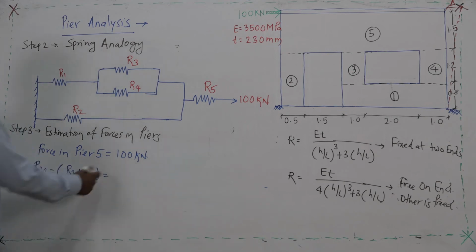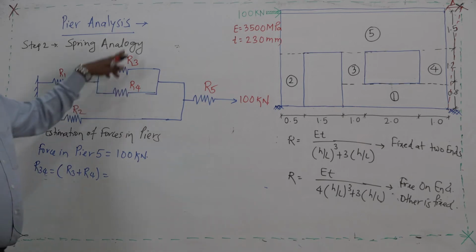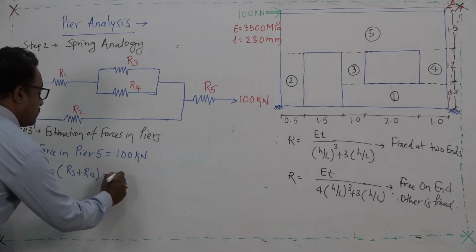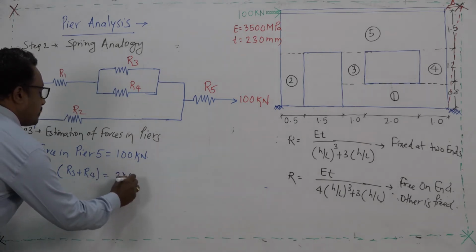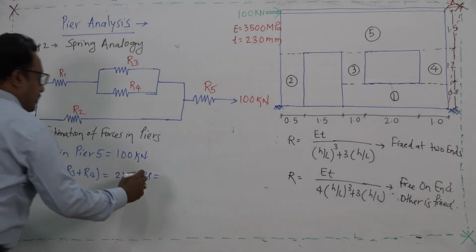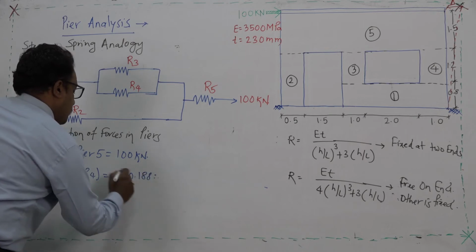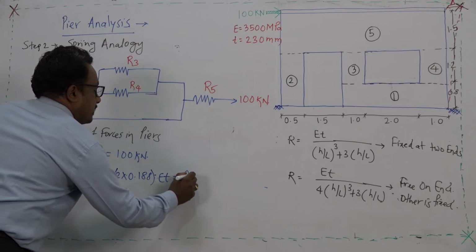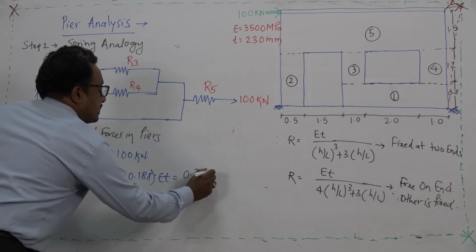So, this addition comes to how much? We have estimated this individual value, so it will be 2 times the single value 0.188 times 80, which comes to 0.37680.